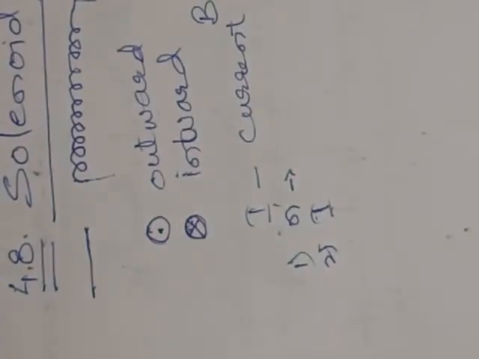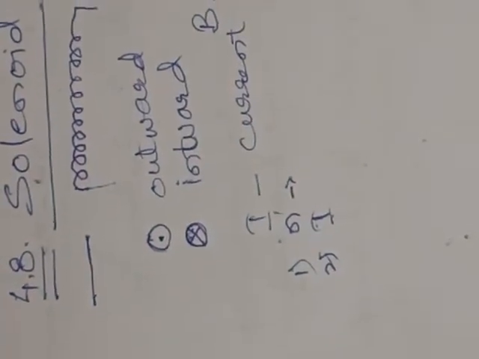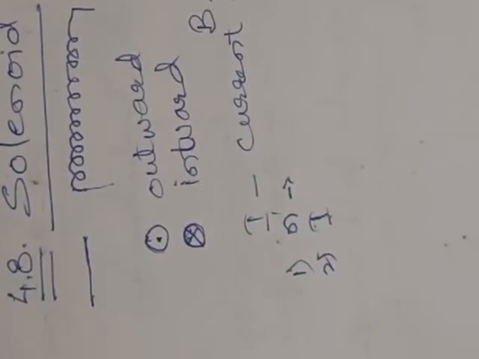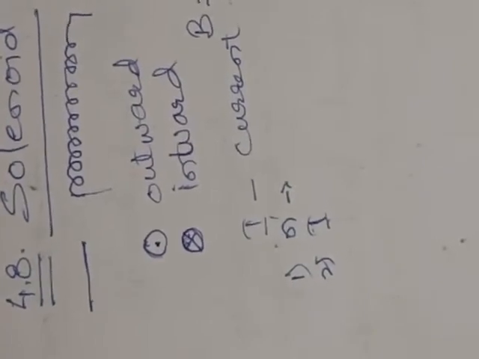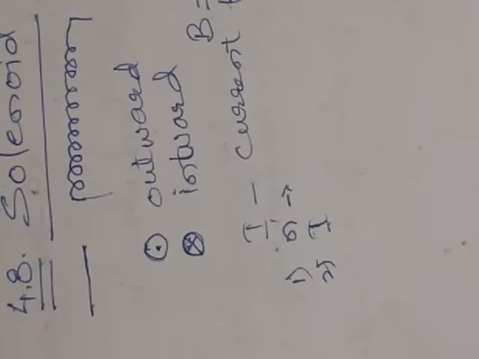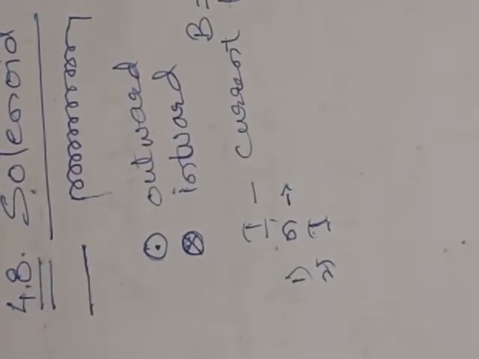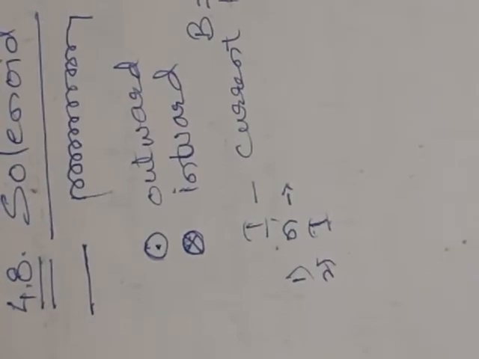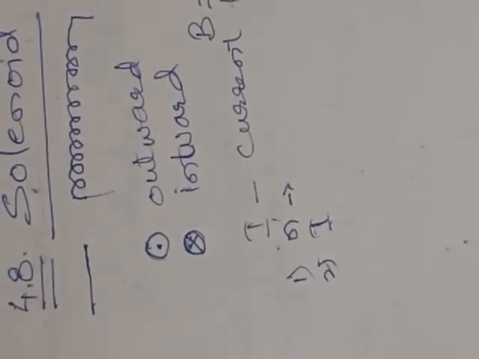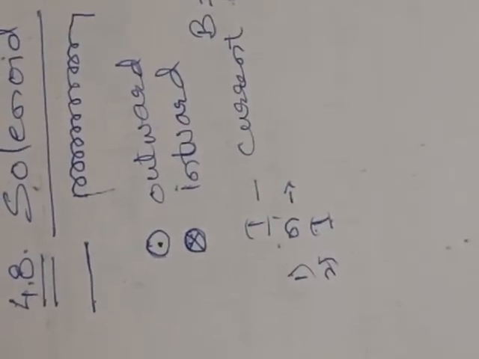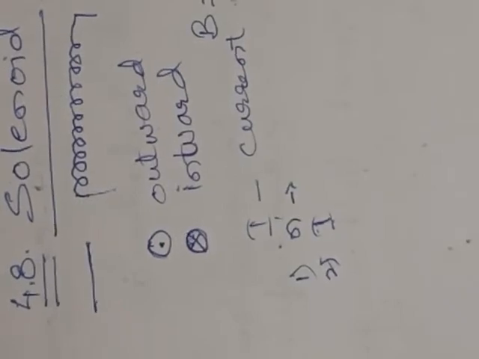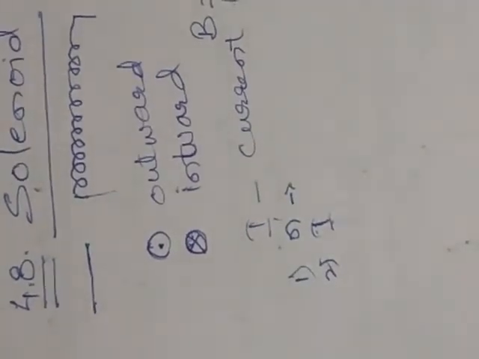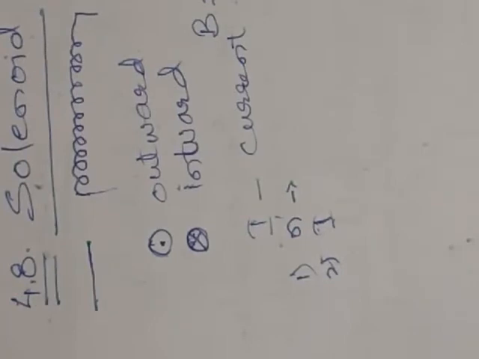So in case of a solenoid, we understood that the magnetic field depends upon only two factors, that is the number of turns per unit length of the coil and the current flowing through the coil. It does not depend upon the position in the solenoid. The magnetic field, whatever is generated, does not depend upon the position.